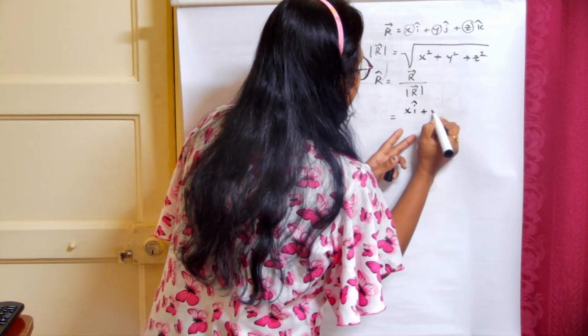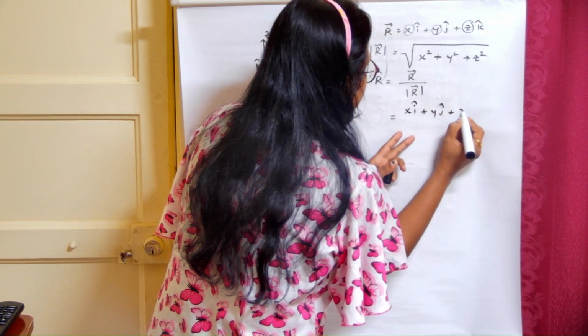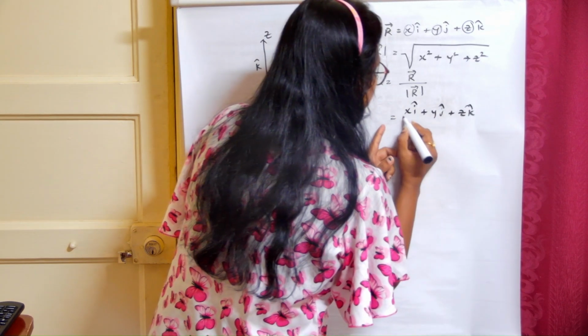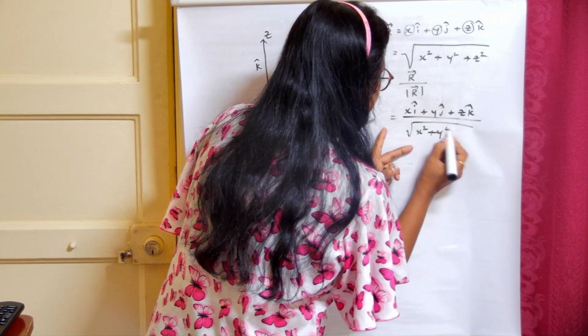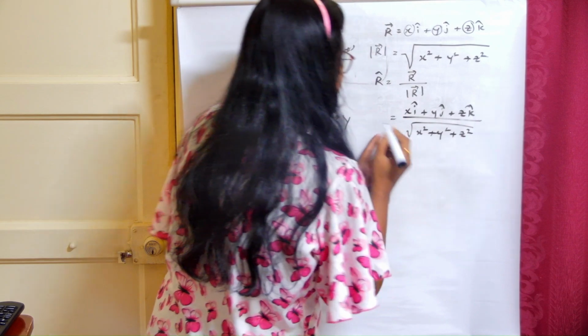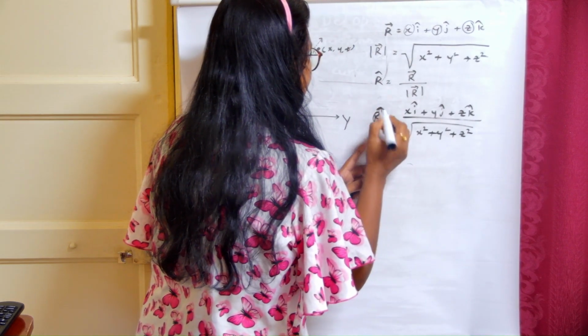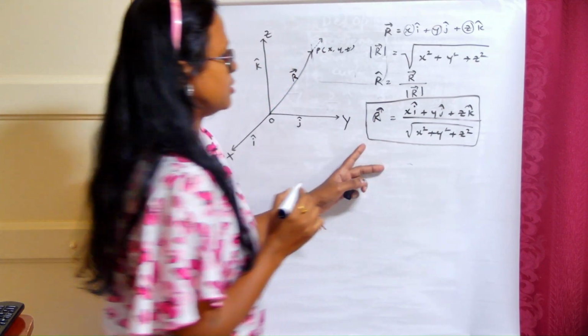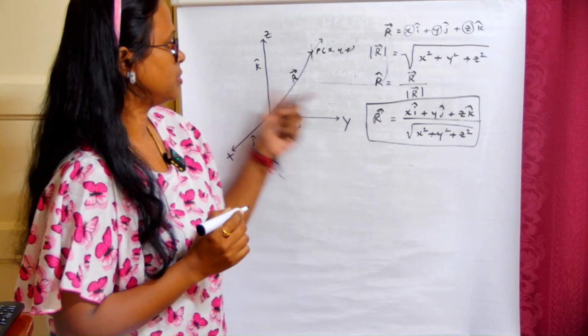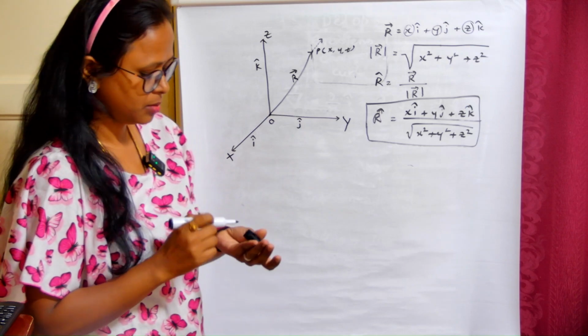This will be x i cap plus y j cap plus z k cap divided by its magnitude, square root of x square plus y square plus z square. This gives the direction unit vector of this position vector.